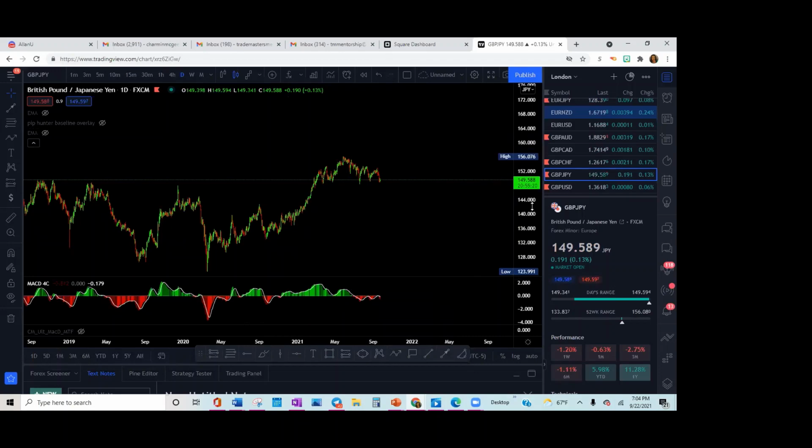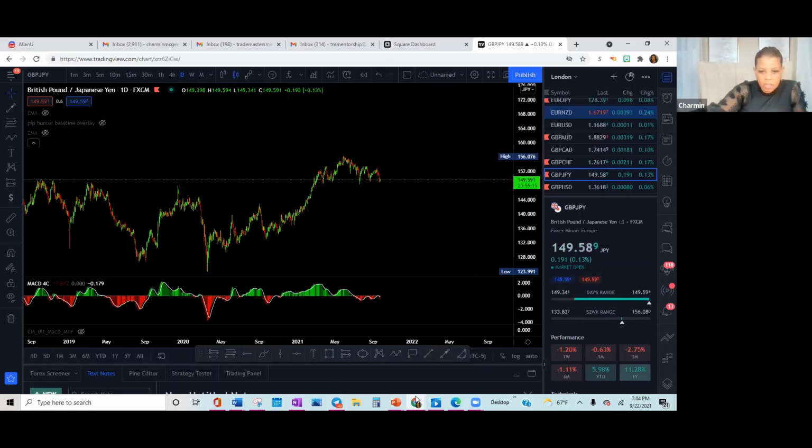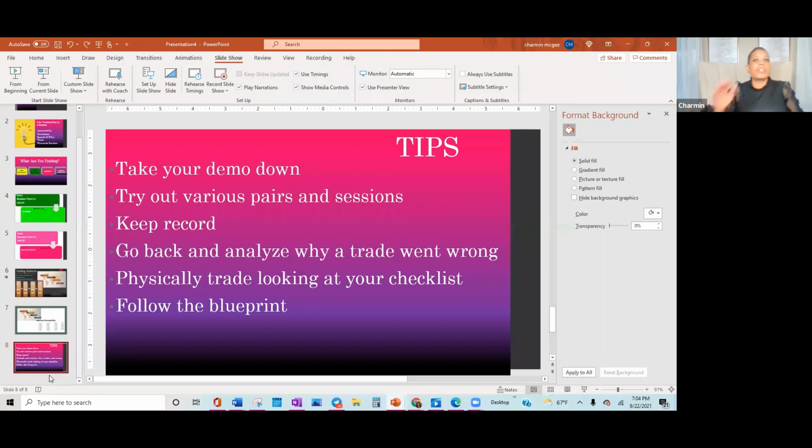Okay. So here is my suggestion for you guys. Take your demo account down to as low as you can get it, that's closest to what you're going to start your account with. Because you guys are trading wonderfully with $100,000, and we all trade wonderfully with $100,000.